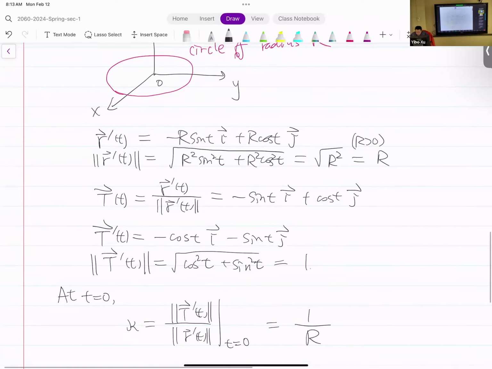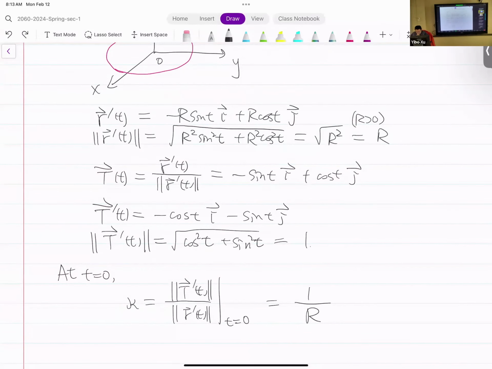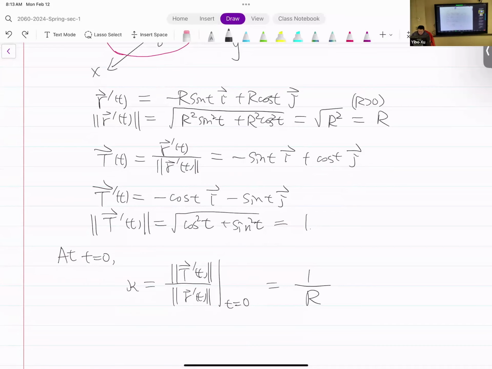It means no matter where you're at on this circle, regardless of the location, regardless of the time t, the parameter, the curvature is always the same thing. It's just 1 over r. So at any point on the circle, the curvature is the same.